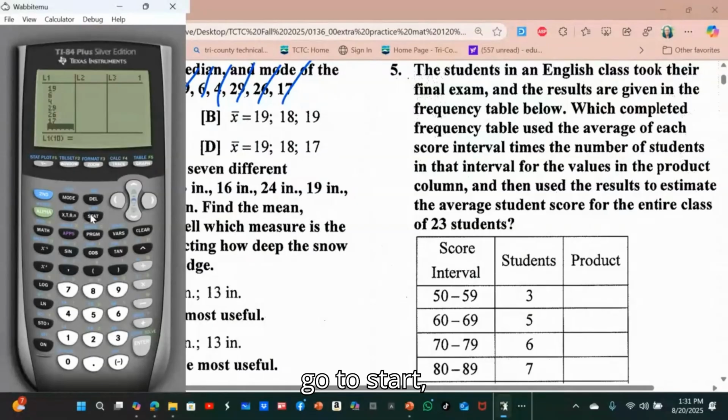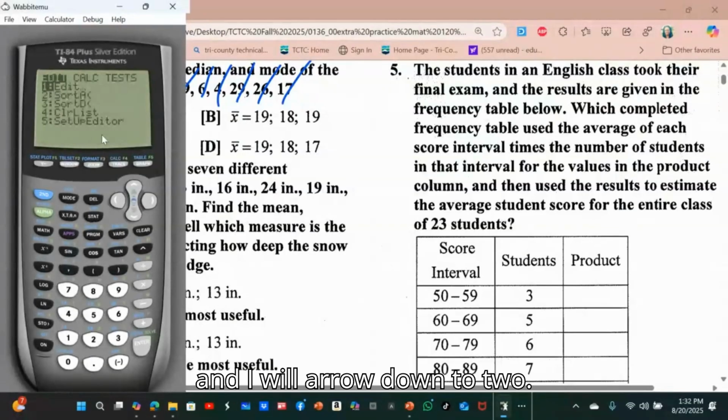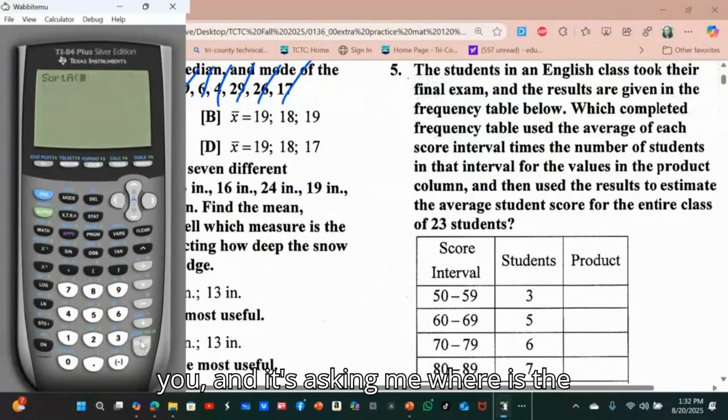So I'm going to go to Stat, and I will arrow down to 2. And you see that 2 says sort A. Sort A means sort ascending. So I select 2. And it's asking me where is the list you want to sort.